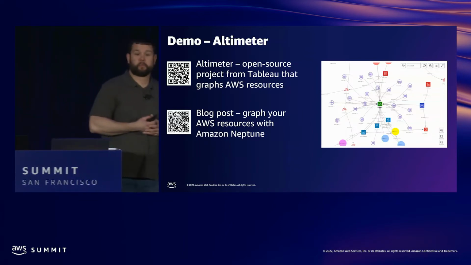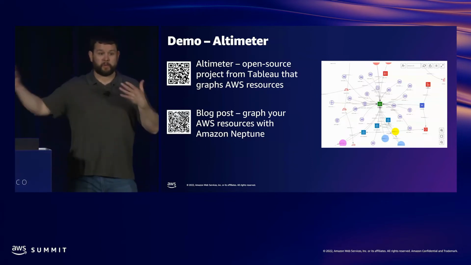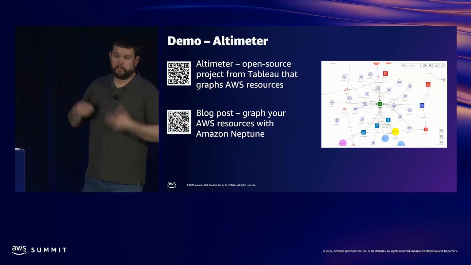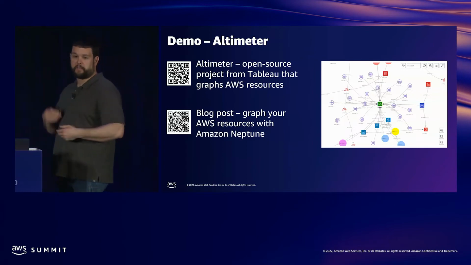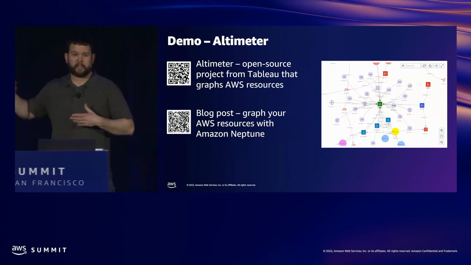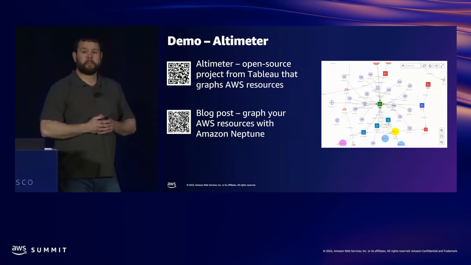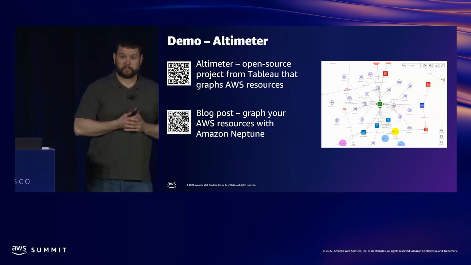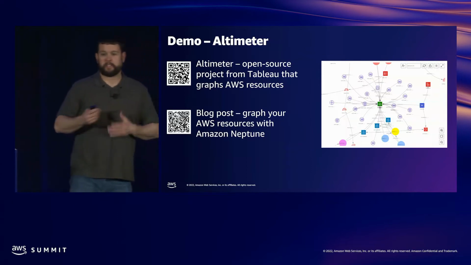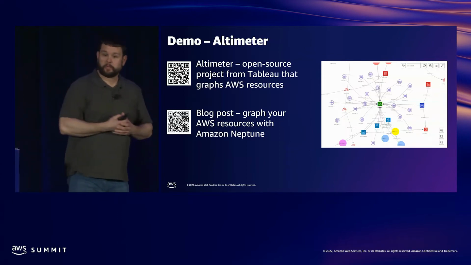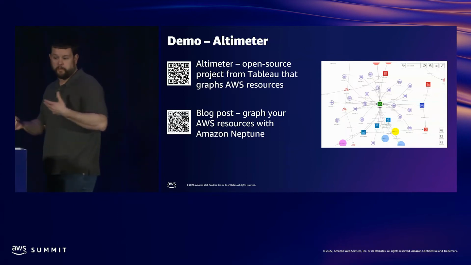And that data can be stored directly into Amazon Neptune. So if you just want to see and start with graphs, it's a great tool to use for that. And if you want to start using that today, there is a blog post here about how to graph your AWS resources, where we go into the details of building out exactly the sort of security graph that you saw me demonstrate here today.